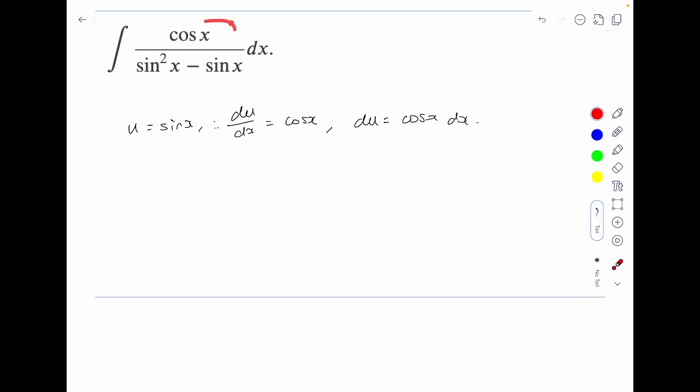You can think about this as just having a 1 here and times it by cos, right, so cos x dx. So easy vibes. So we're just going to say, okay, we've got 1 over u squared minus u du.